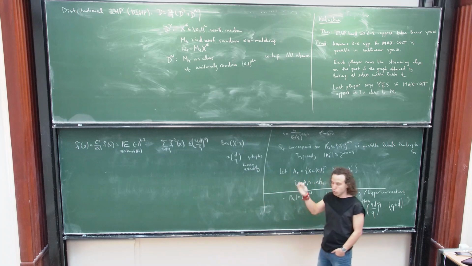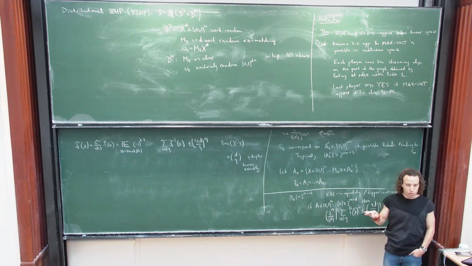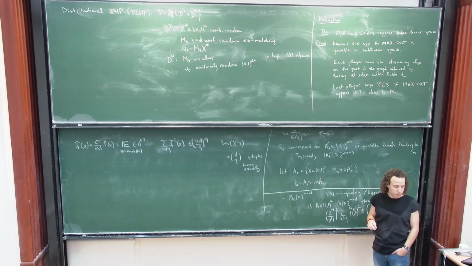So this corresponds to a subset of the cube where some bits are fixed. And KKL says you can't send more. If you have a subset of this size, this really corresponds to sending at most q bits, in the sense that on average among XORs of q bits, you're not going to send more information about them.